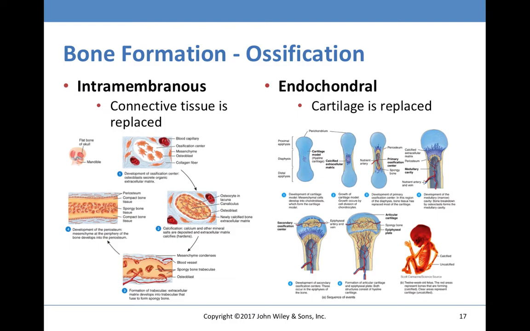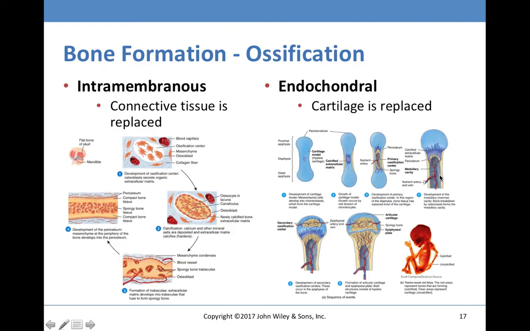And then in step 3, we have to allow a primary ossification center to develop. This primary ossification center will develop in the diaphysis, so the shaft of our long bone. And at the primary ossification center, we begin to remove the cartilage and replace it by bone. And then once we have gone through this primary ossification center, we then need to develop an actual medullary cavity.